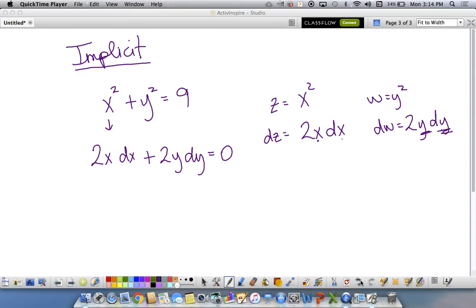Now, if we wanted to solve for the derivative, what if we wanted to solve for dy dx? Could we do that? Yes. I'm going to tell you a trick. What we have in our denominator, we want to divide every piece by dx.